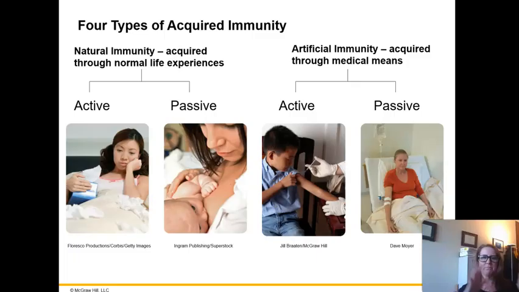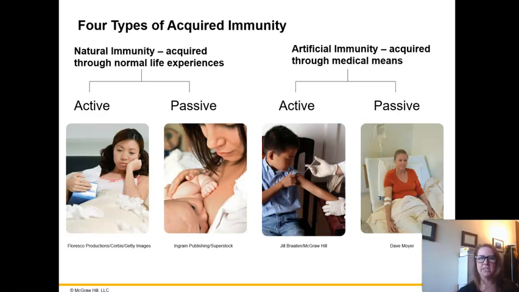Okay. On the right-hand side, we have artificial immunity. So active, artificial, your immune system had to launch, but it was due to essentially the introduction or the injection of a vaccine. Okay. So we're not going to consider that natural because we had to do something to create that launching of the immune system.